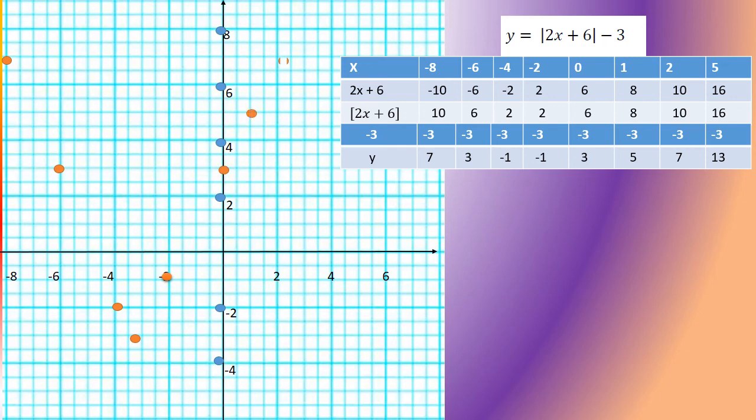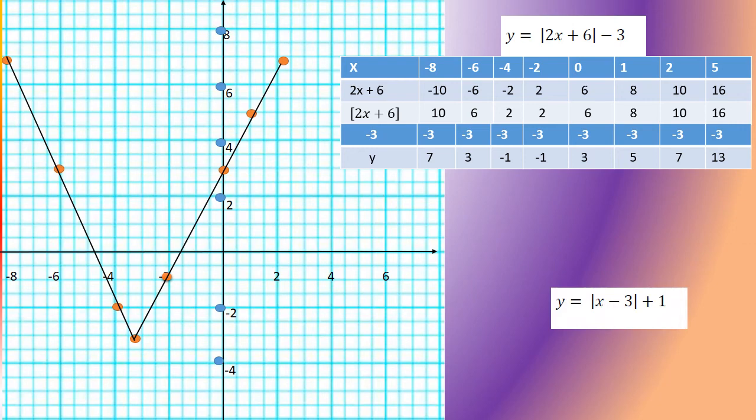You will get a V-shaped graph like this, which is modulus 2x plus 6 minus 3. You also can try to do the question y equals modulus x minus 3 plus 1, preparing a table like above.